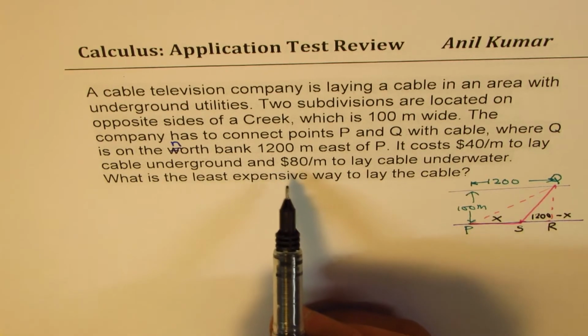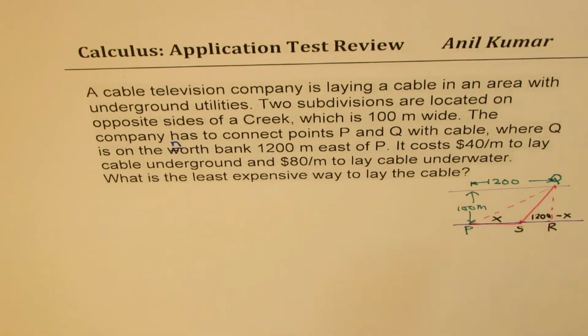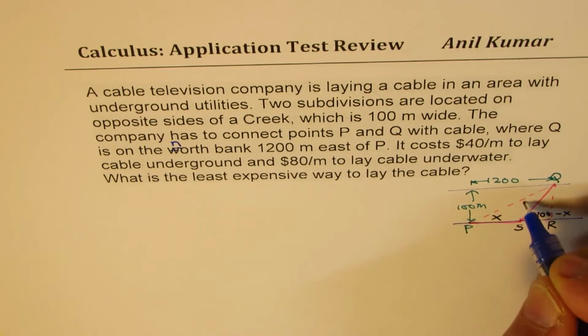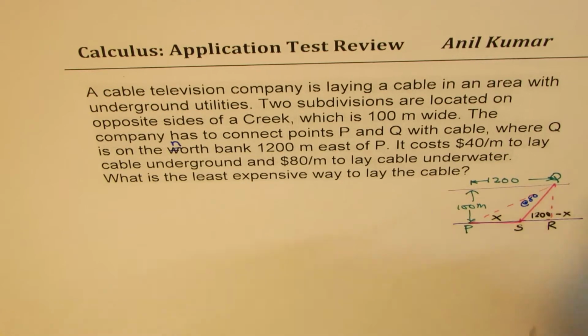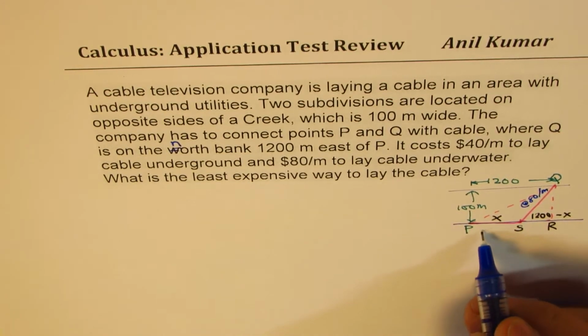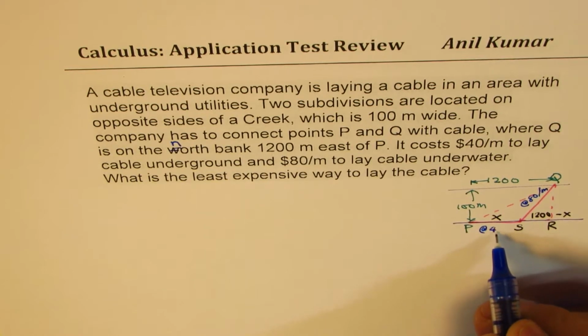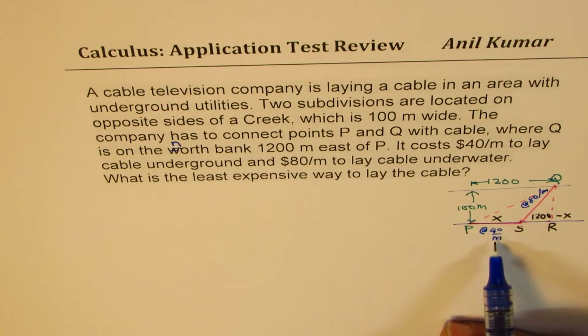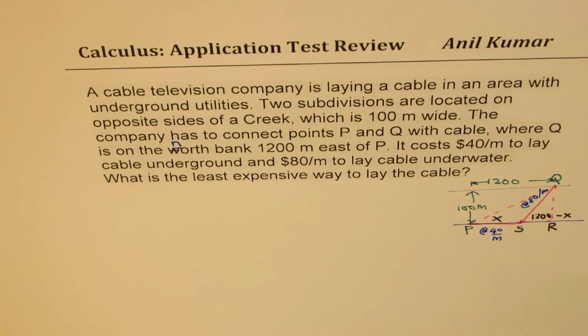The underwater rate is $80 per meter, and here it is half the cost, at the rate of $40 per meter. Correct? So the cost will be distance times the rate.